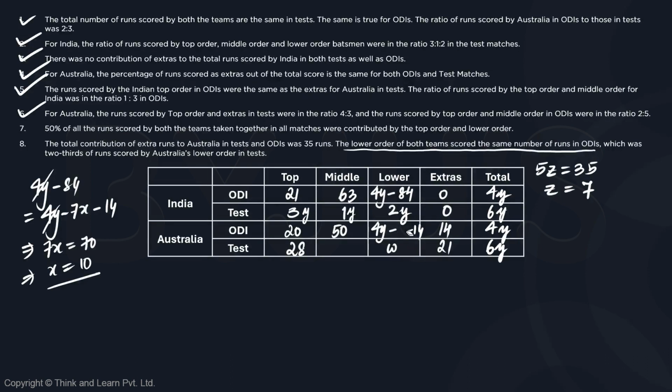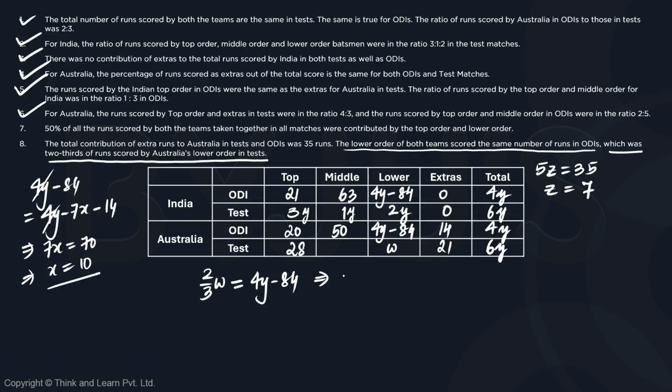4y minus 7x minus 14 also turns out to be 4y minus 84. This was the first part. Then it says which was 2/3 of the runs scored by Australia's lower order in the tests. So Australia's lower order in the tests is W. So we can say that 2/3 of W is equal to 4y minus 84.